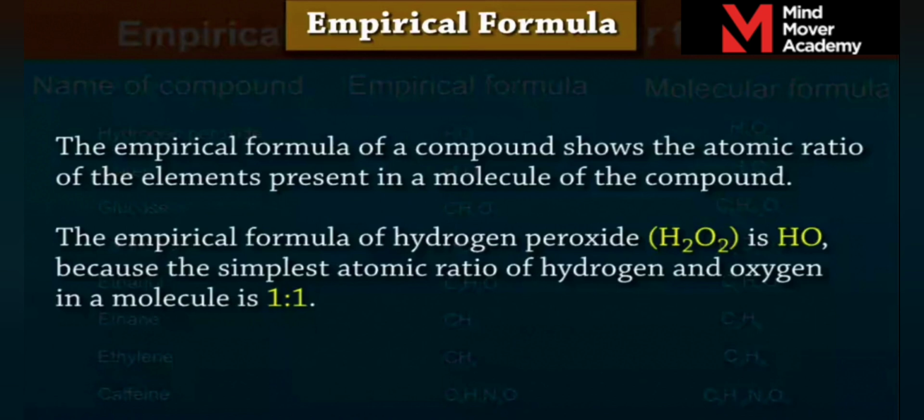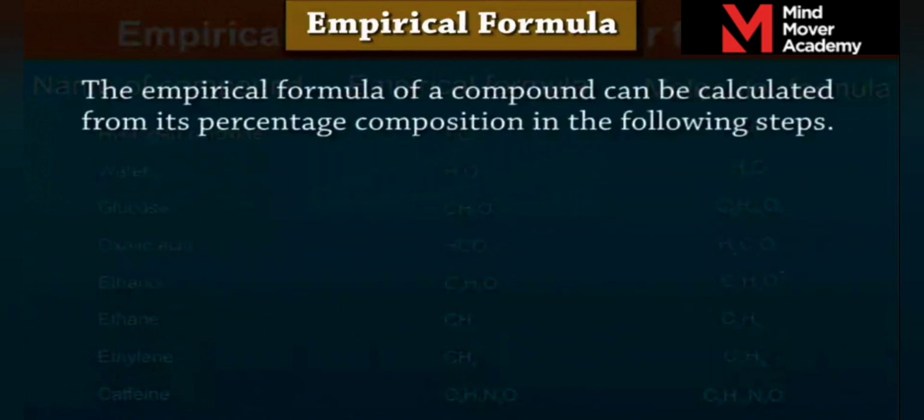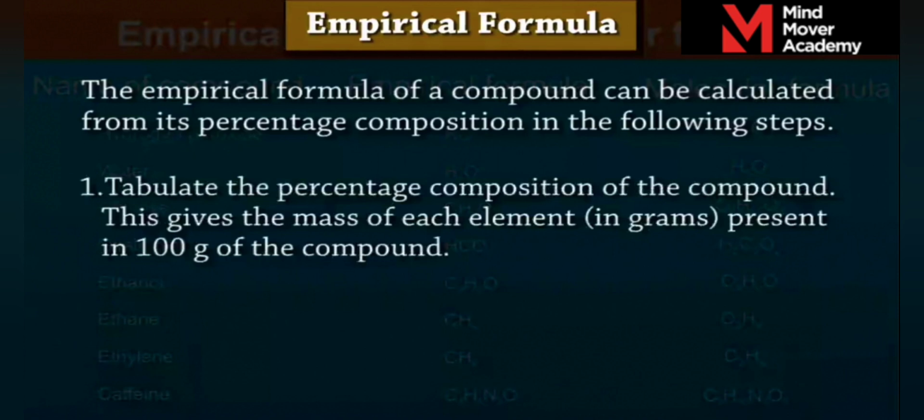The empirical formula of a compound can be calculated from its percentage composition in the following steps. First, tabulate the percentage composition of the compound. This gives the mass of each element in grams present in 100 grams of the compound.